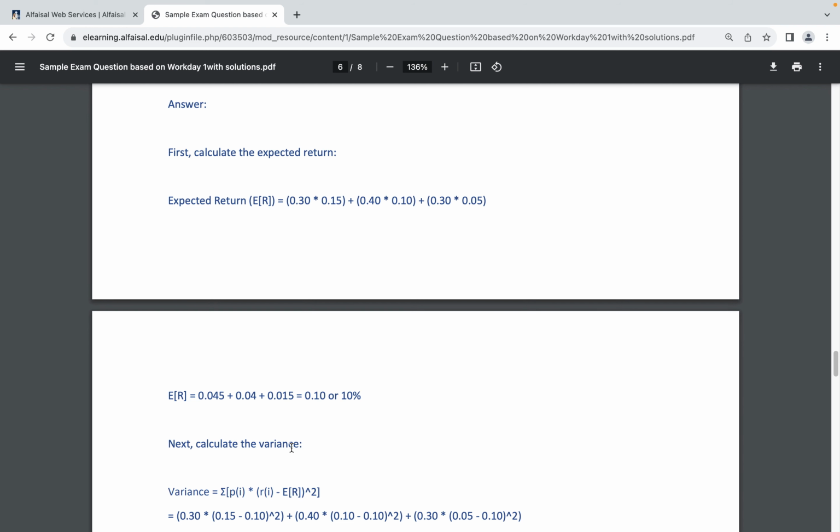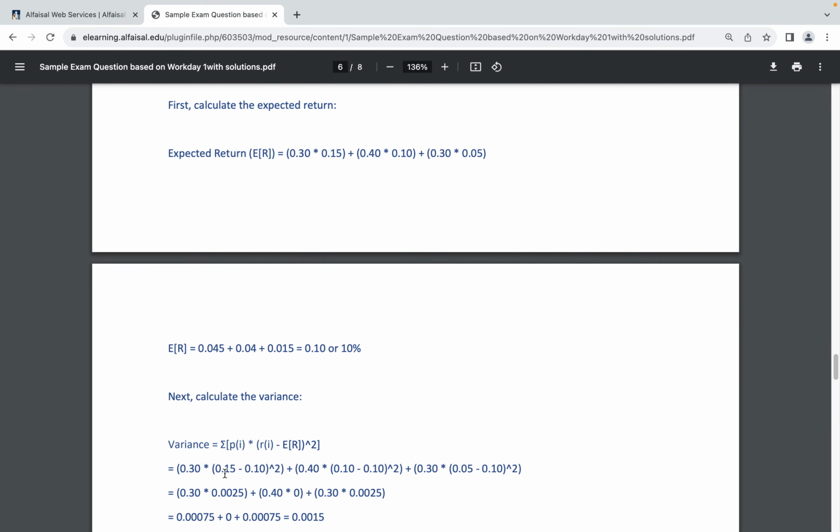Now we have to calculate variance. Variance in this instance, you'll remember from the slides, uses this operator here, called a summator. It is the sum, over each scenario A, B and C, of the probability of the scenario multiplied by the return on that scenario minus the expected return overall, raised to the power of 2.